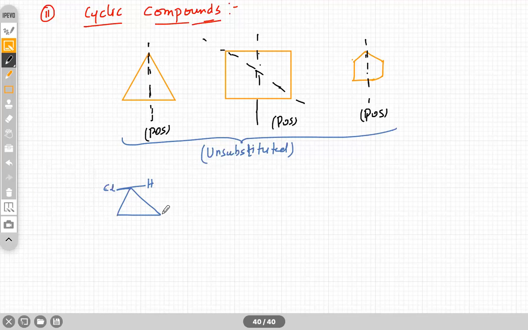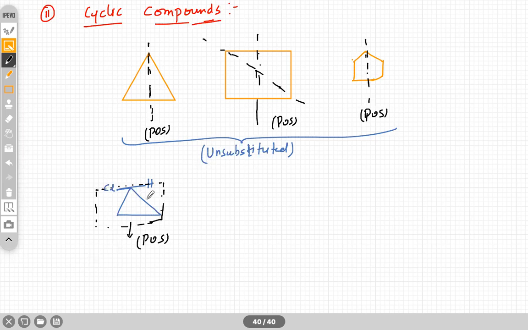This one is also not, this one is also not. Anyway, you can find out, you won't get a plane of symmetry. But if you have a plane which passes through the substituted atom, you always get a plane of symmetry. Means this plane is the plane of symmetry we have. You cut the molecule like this horizontally, right? Half chlorine this side, half chlorine other side, and both are the mirror image of each other.